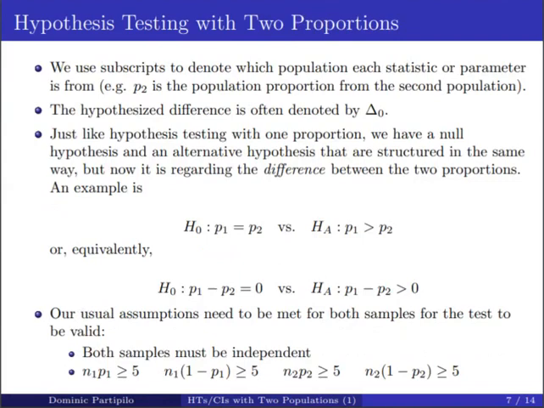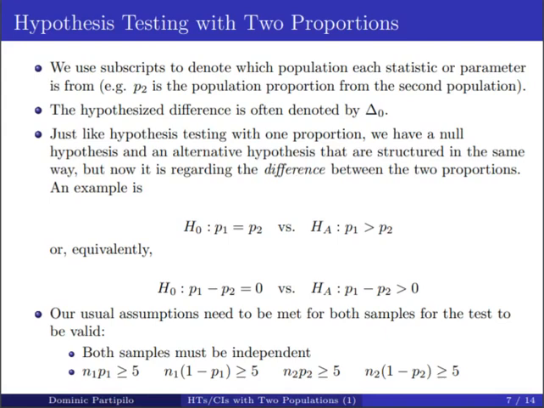So now how about hypothesis testing for two proportions? Just like before, we're going to use subscripts to denote which population each statistic or parameter is from. And just like before, the hypothesized difference is going to be denoted by delta zero.